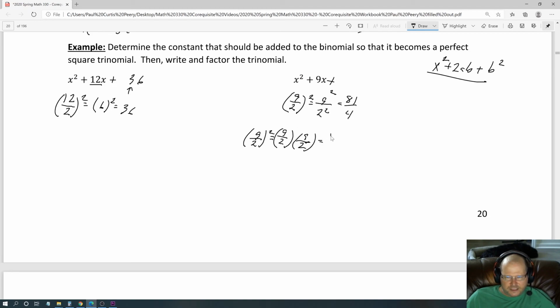Okay, so in this case you would say 9 times 9 over 2 times 2, and you'd also get 81 over 4, right? So either way you end up with the same answer. And we'll go over the rules of exponents more later. Just trying to get you up to speed quickly at this point. And there we go. So x squared plus 9x plus 81 over 4. So with the 81 over 4, that's how to get it, right? And there you go.